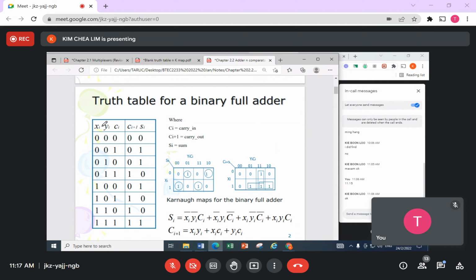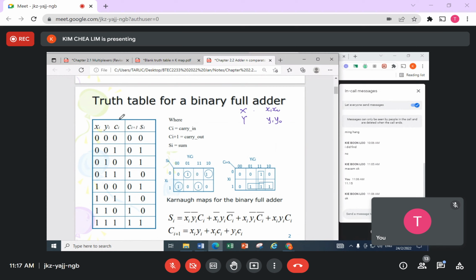Let's say I just put here X, this is Y. So I have 2 bits, X1, X0, Y also 2 bits, Y1, Y0. So the carry in here is either 1 or 0. So 0 will be added up with 0, 1 will be added up with 1 from the carry bits.